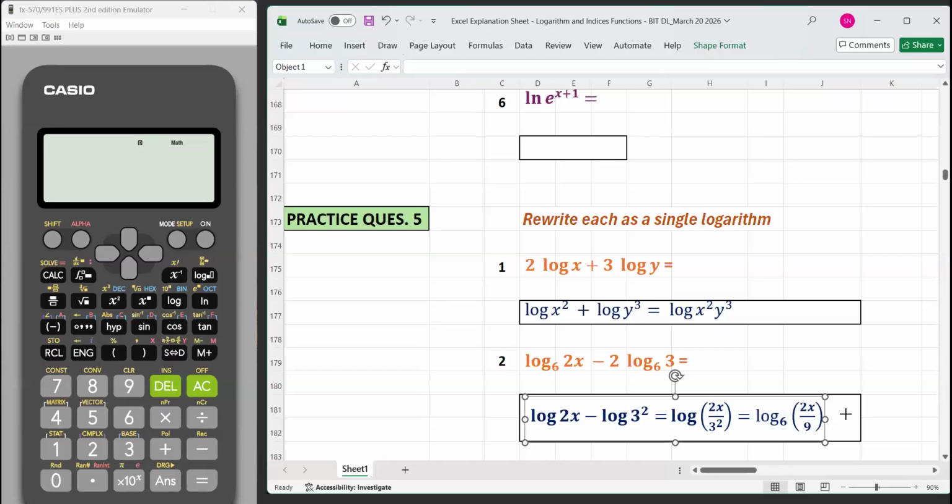So that will be your final answer for something like this.